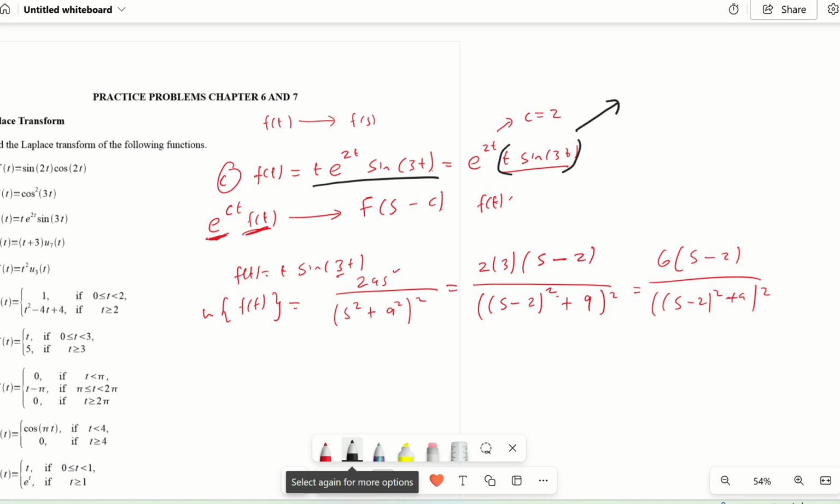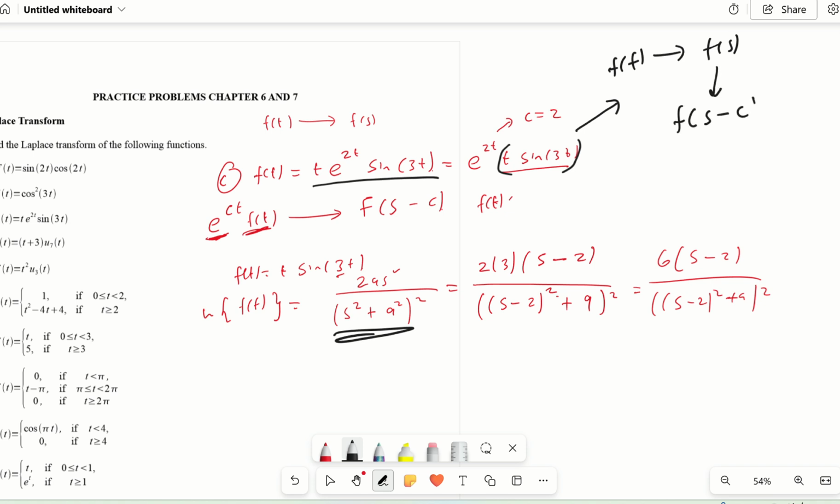So that means if it's f of t, we are transforming it into f of s, right? But then we don't want f of s, we want f of s minus c. But then our minus c is 2. Hence we substituted here. I hope it's clear now.